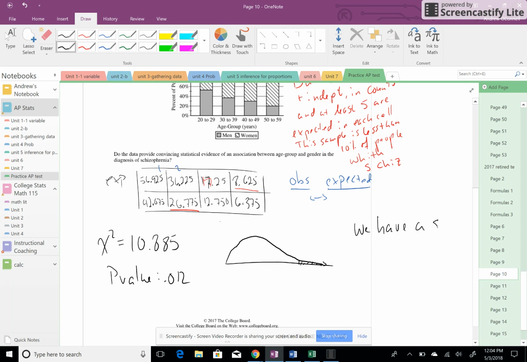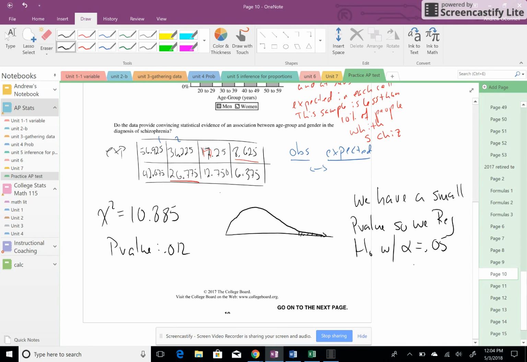So we have a small p-value, so we can reject the null hypothesis with alpha, let's say it's 0.05. Now, if you made alpha 0.01, you'd be failing to reject. AP wants you to be able to say why you made that decision. So say that alpha is 5%, because you can reject at 5%, but with this being over 1%, if you made alpha 0.01, you would have to say you're failing to reject.